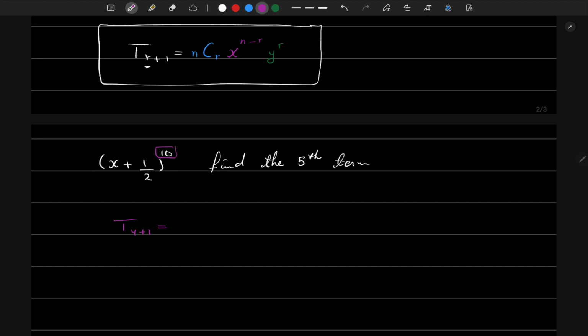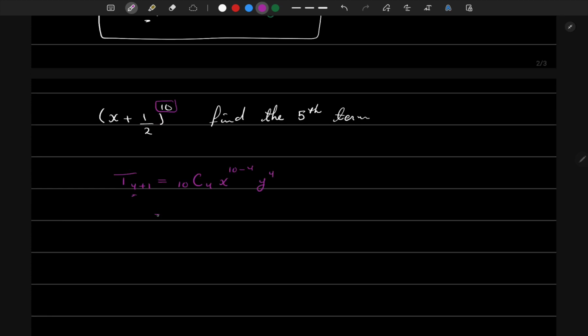Remember that n is the power of the expression. So it's going to equal 10C4, since r is 4, multiplied by x to the power of 10 minus 4, which is n minus r, multiplied by y to the power of 4.